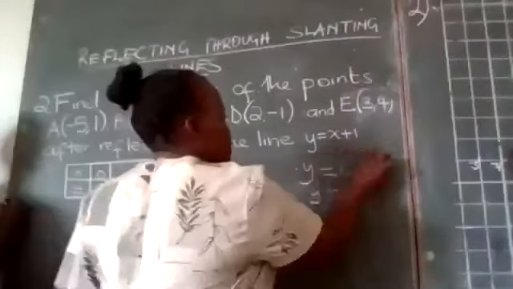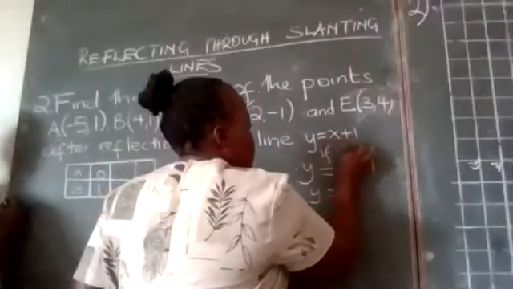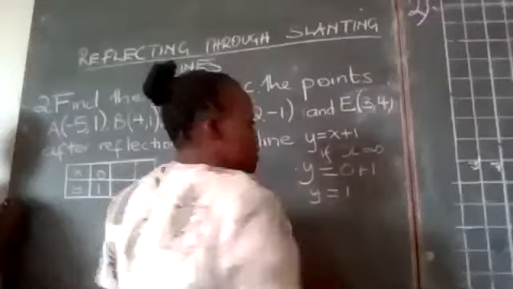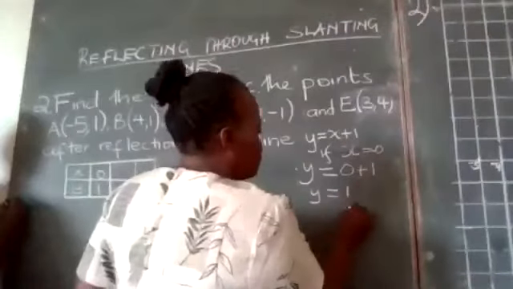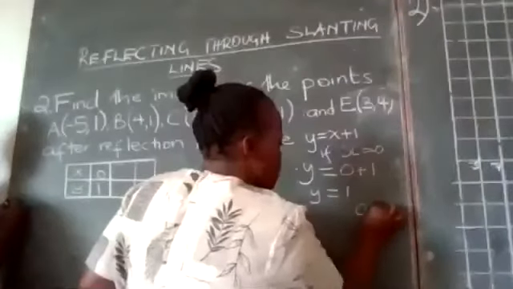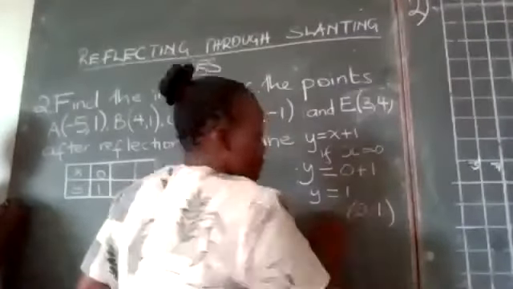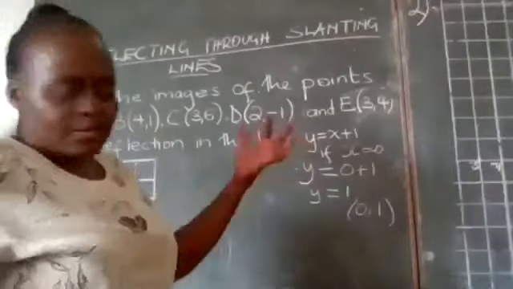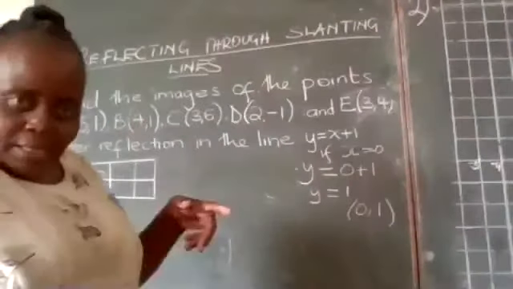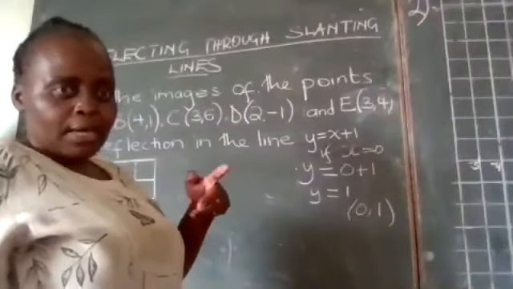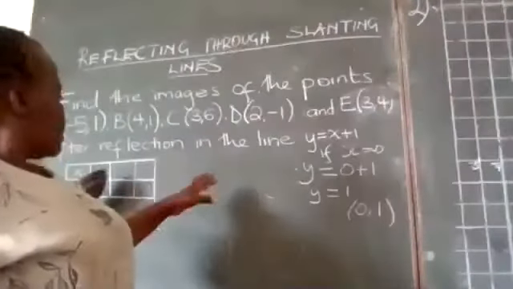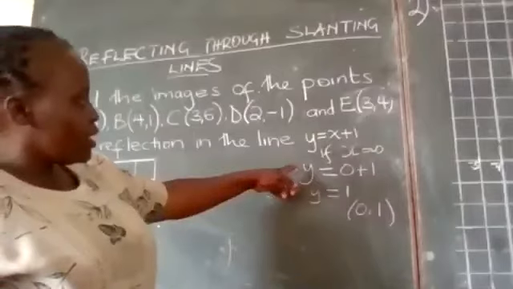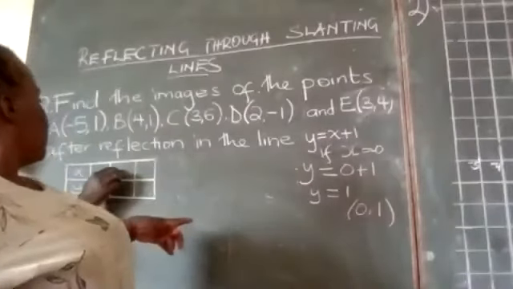So the coordinates we have for this would be 0 and 1. So this is the first point. We need 3 points, but even 2 points can be enough for you to draw that line. So we need to get the second point.